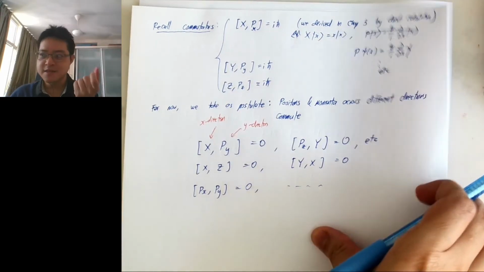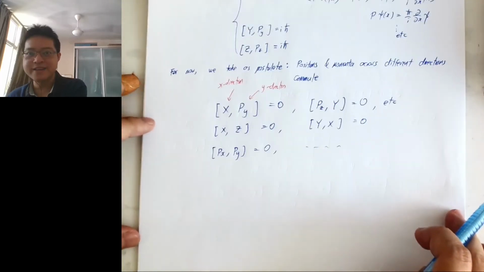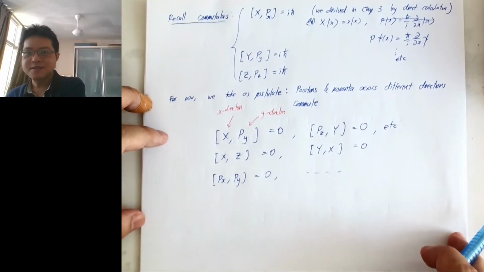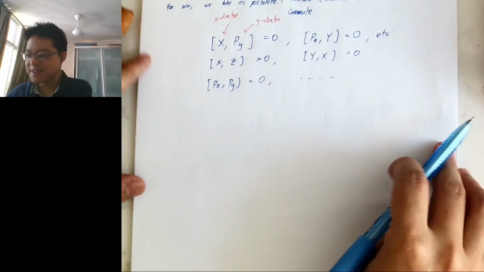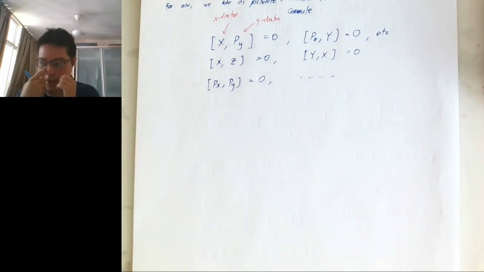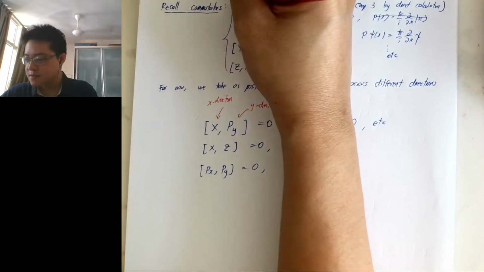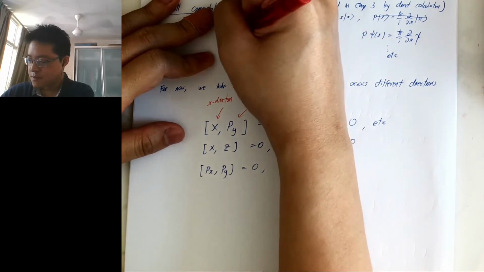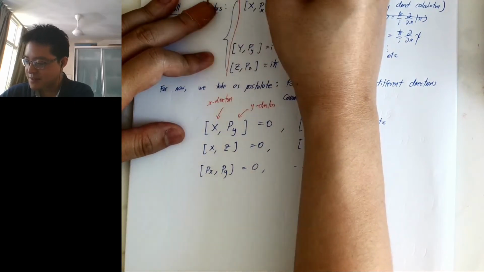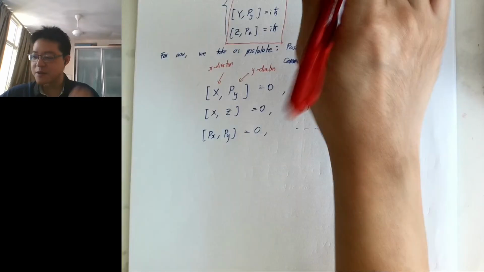So there's a kind of theory going on behind there, but you haven't learned it yet, so let us not worry about that for now. For now, let us take a postulate: these are the only 3 commutators. I should have started with this in today's class, but next time I will remind everyone with this.